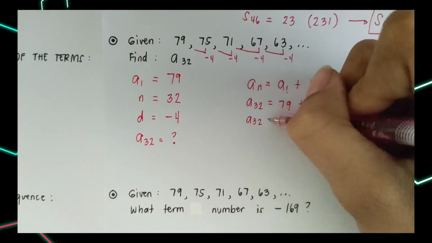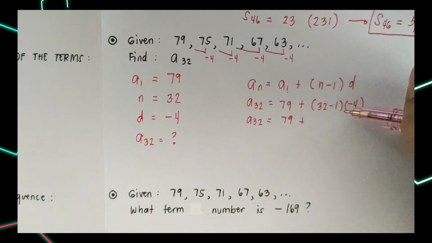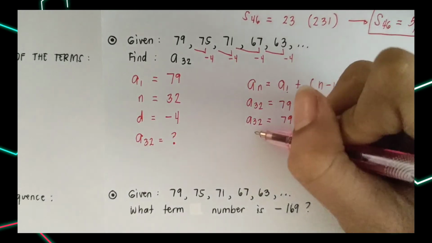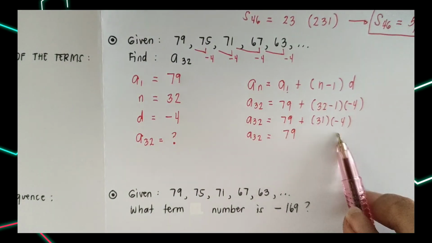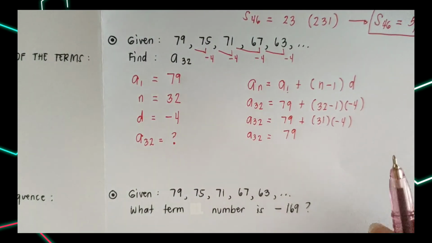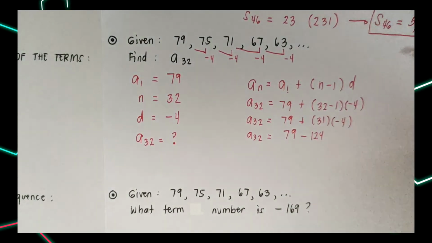a 32 is equal to 79 plus 32 minus 1, this is 31 times negative 4. 79, 31 times negative 4 is negative 124. So we will subtract.